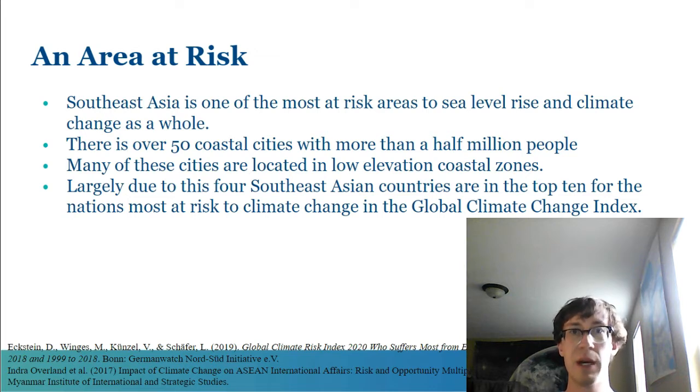And this is backed up by the Global Climate Change Index, which ranks four of the Southeastern Asian nations in the top 10 for the most at risk to the effects of long term climate change.